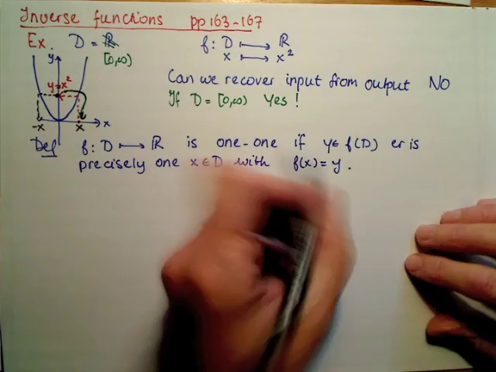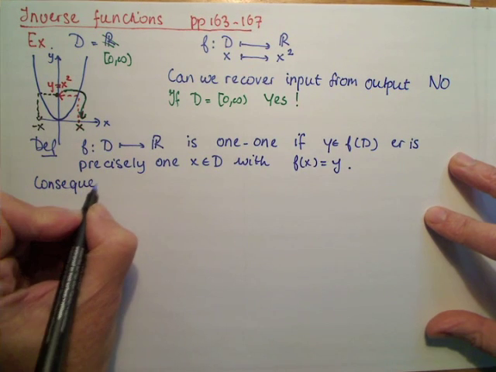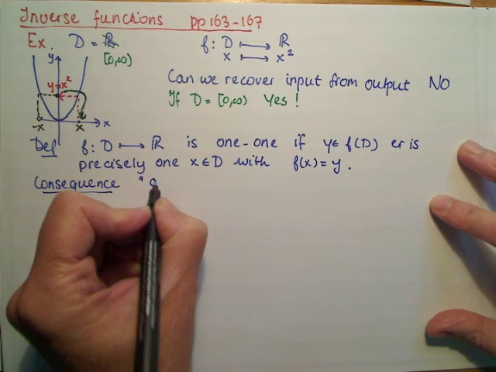And the consequence of this 1-1 property is obviously that going back is a function.